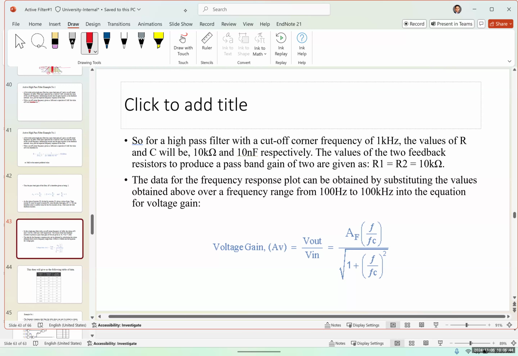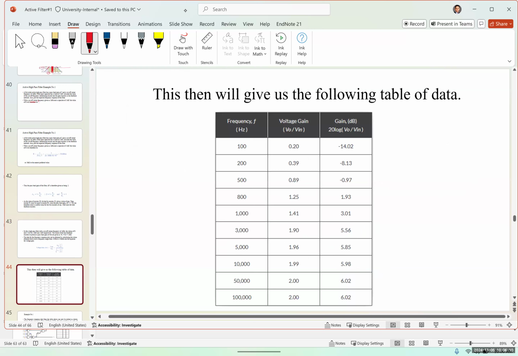And the voltage gain we already know is V out over Vin, which is F over Fc over the square root of 1 plus F over Fc to the power of 2. And the frequency ranges from 100 hertz to 100 kilohertz into the equation.